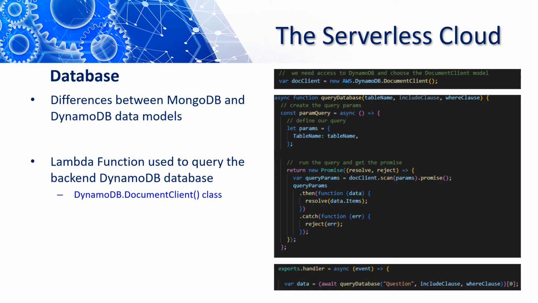Instantiates the DynamoDB.documentClient class to use to hold the data returned from DynamoDB. It declares a queryDatabase method that takes the table name as a parameter and calls the document client scan method to initiate the database query.